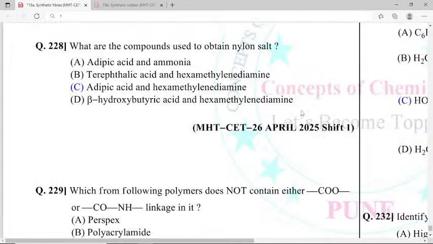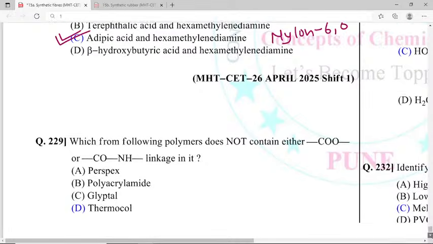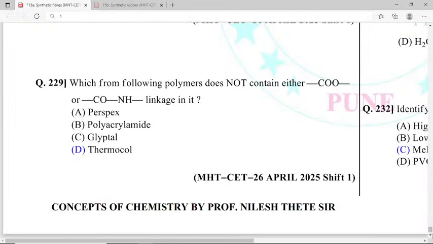Okay, what are the compounds used to obtain the nylon salt? Nylon salt is adipic acid and hexamethylene diamine. So nylon 6,6 is the answer. Which from following does not contain either COO or CONH linkage in it?